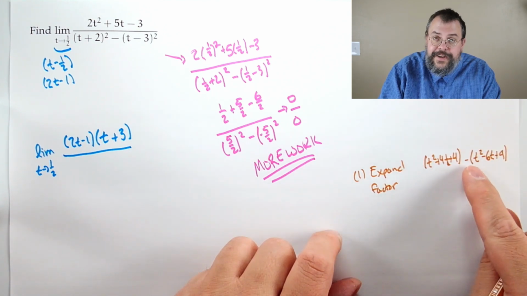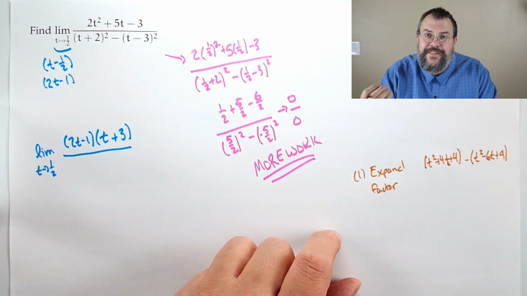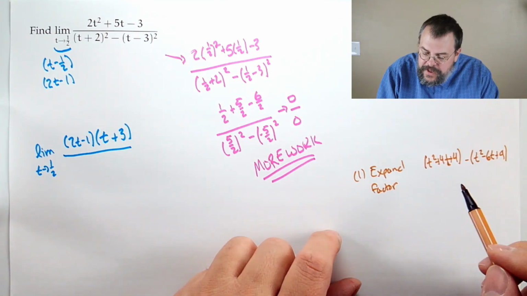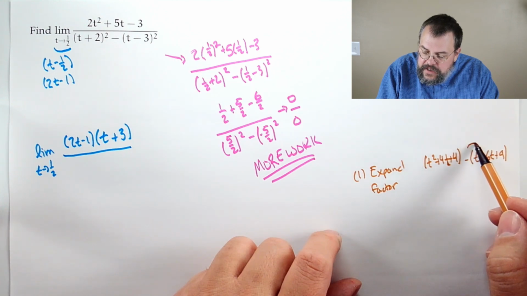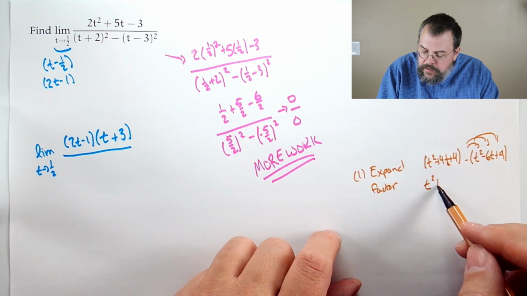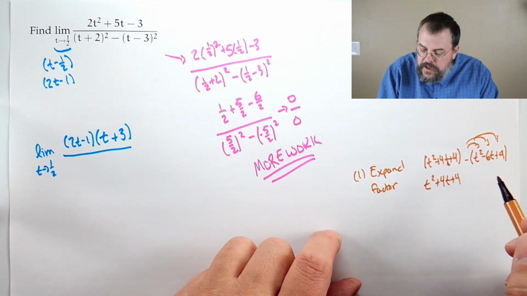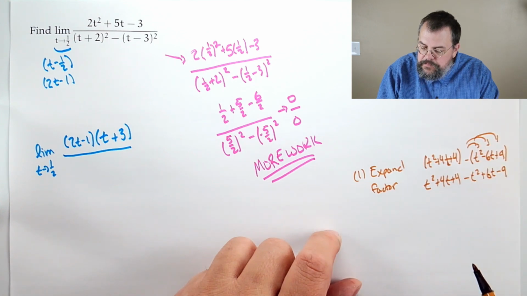And notice my use of parentheses. Parentheses, such great friends. They help save so many points. And now, what can happen? Well, if you take the minus sign and distribute it through, you get t squared plus 4t plus 4 minus t squared plus 6t minus 9.